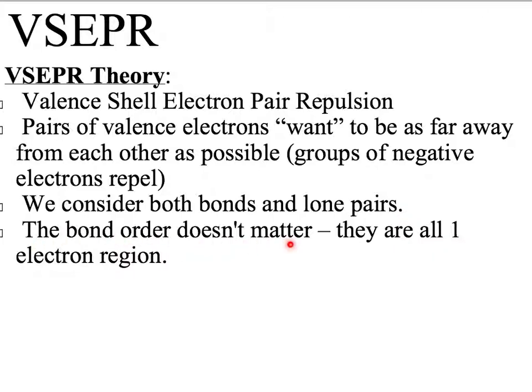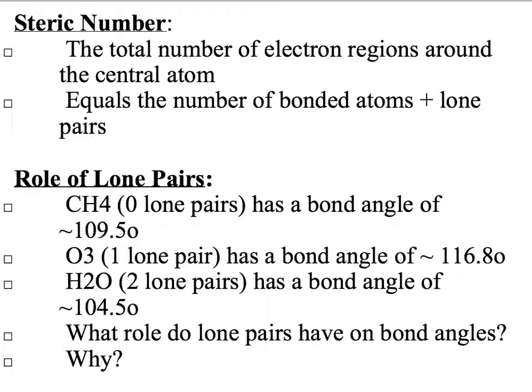The bond order doesn't matter. They're all one electron region. So if I have a double bond, I think of it as one electron region. A triple bond, one electron region, which is the concept of steric number here. And the steric number is the total number of electron regions around the central atom. It equals the number of bonded atoms plus lone pairs.